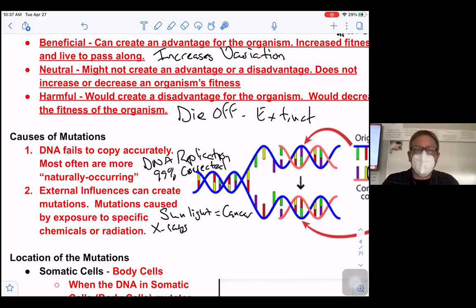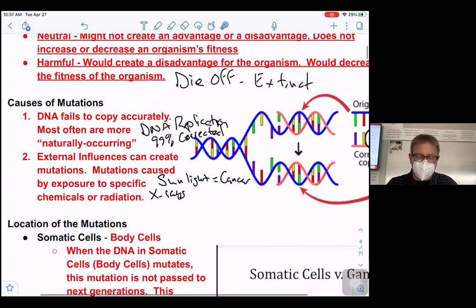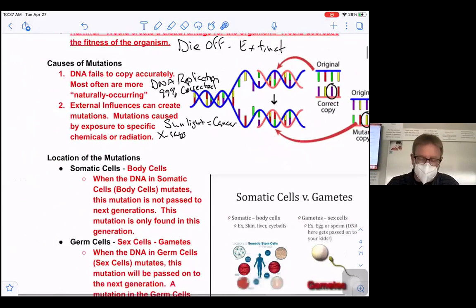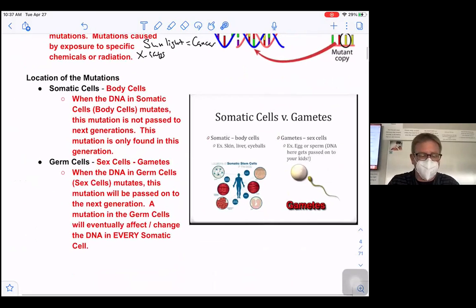So when we start talking about mutations, where are they? Mutations can occur in two different places. One, we call the somatic cells. This goes back to our genetics unit with Ms. Klepper. Remember, soma means body. So we've got our somatic cells, which are our body cells.